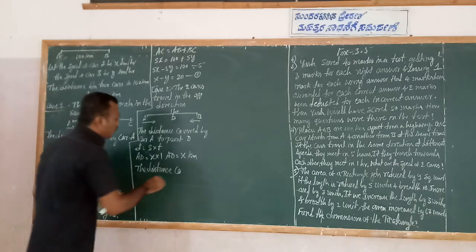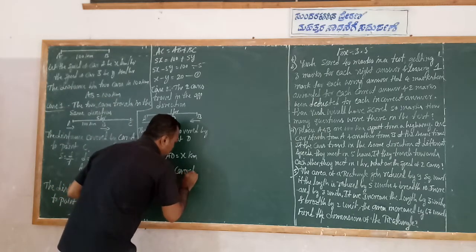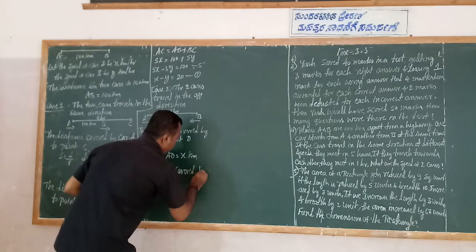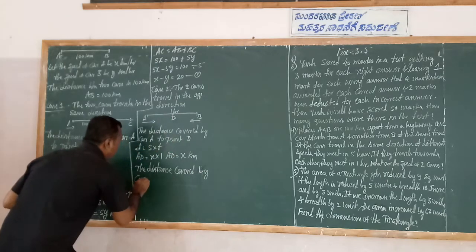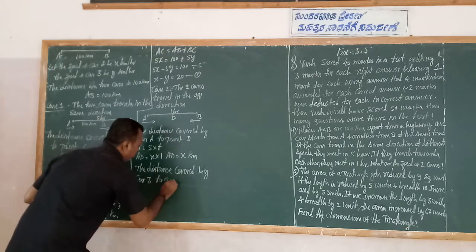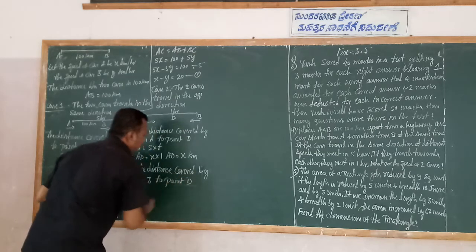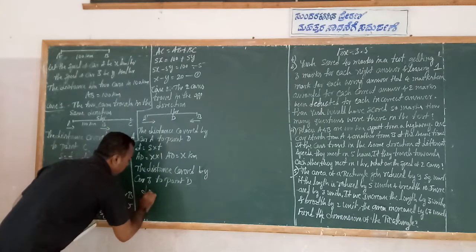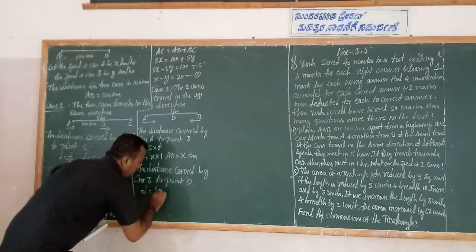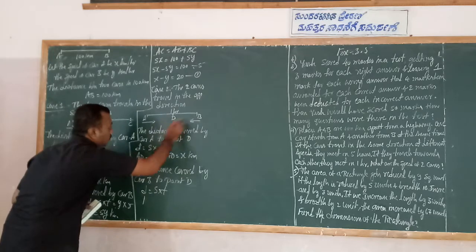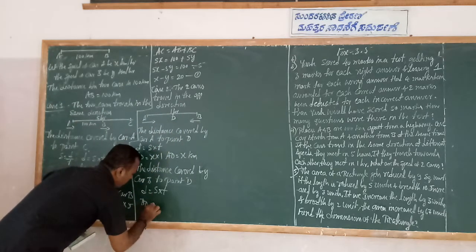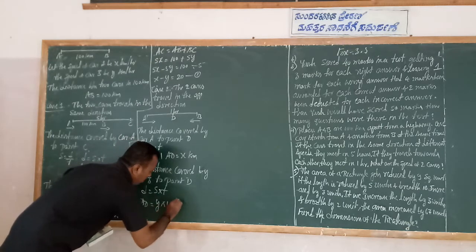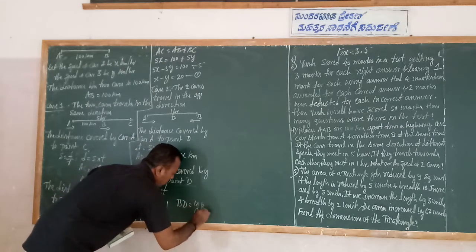And then the distance covered by car B to point D. We don't know how much B covers to D. Therefore d is equal to S into t. Same formula. Then what is BD? What is the speed? y kilometer per hour, 1 hour. Therefore BD is equal to y kilometer.